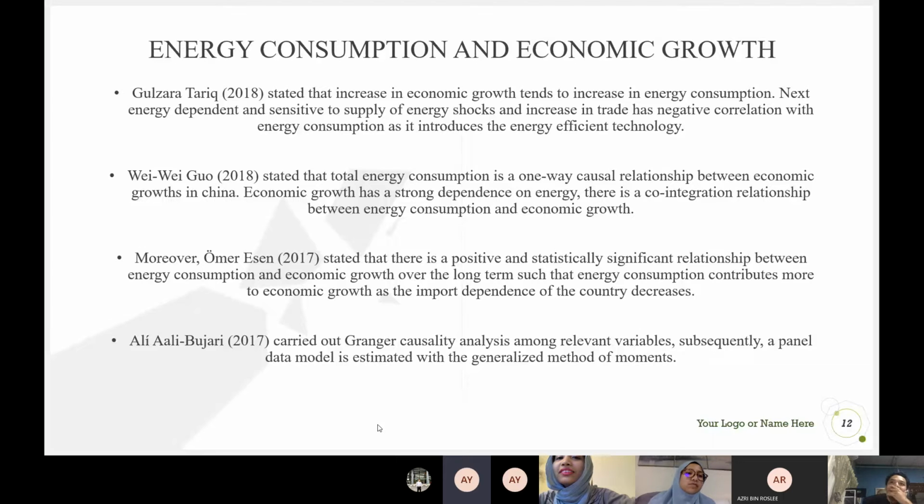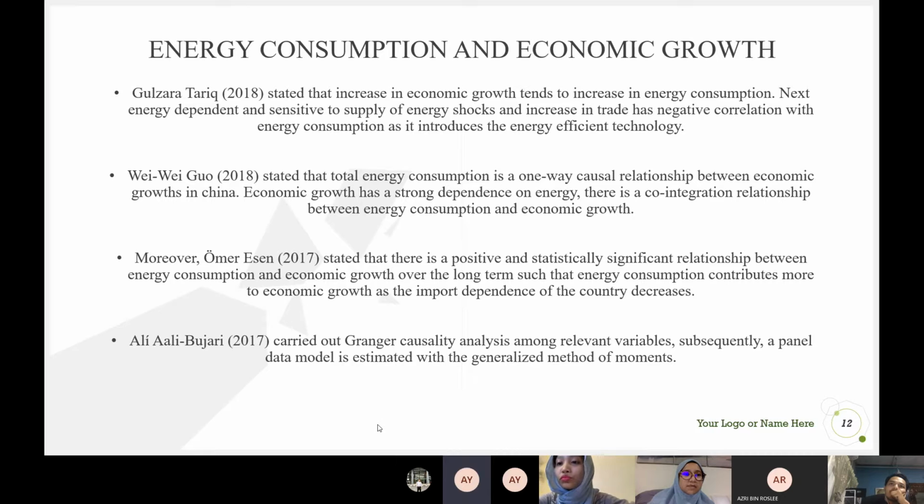They consume the energy for construction, agriculture, and industry, which can increase the energy use. So the author said, Gulzara Tariq 2018 stated that an increase in economic growth tends to increase energy consumption.